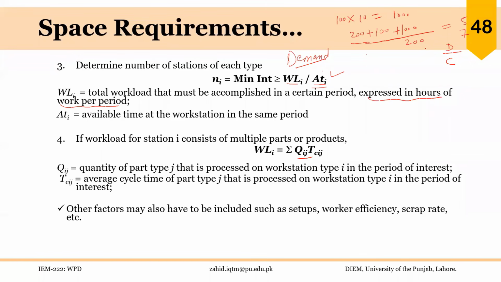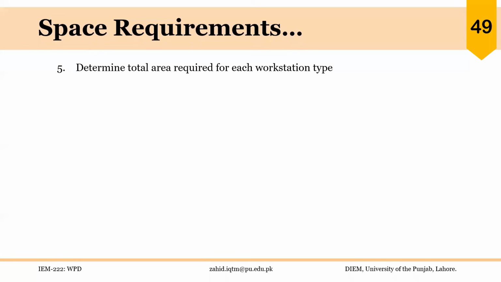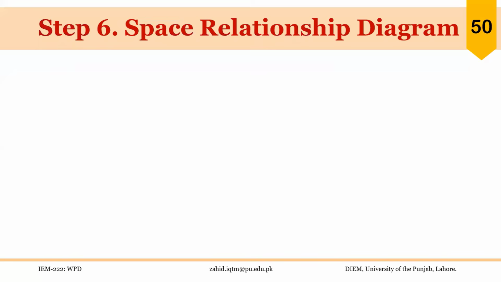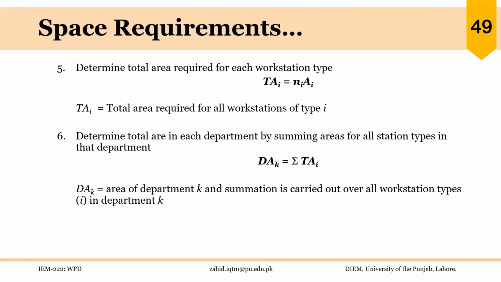Once we have calculated the area of each workstation and the number of workstations, then we simply multiply the two to find the total area required for that workstation. For example, we will be able to calculate total area for lathe, for milling, for grinding, and for shaper.